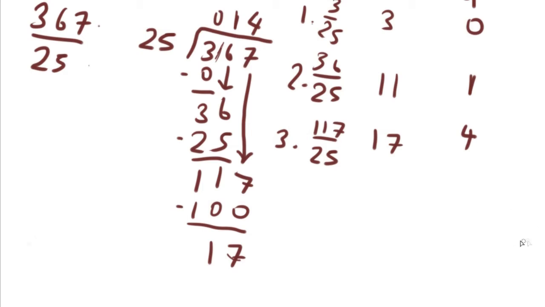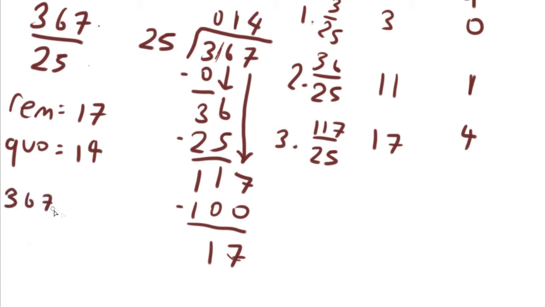So, final answer. With 367 divided by 25, the remainder is equal to 17, and the quotient is equal to 14. And if we were to do this in Java, 367 percent sign 25 is equal to 17.